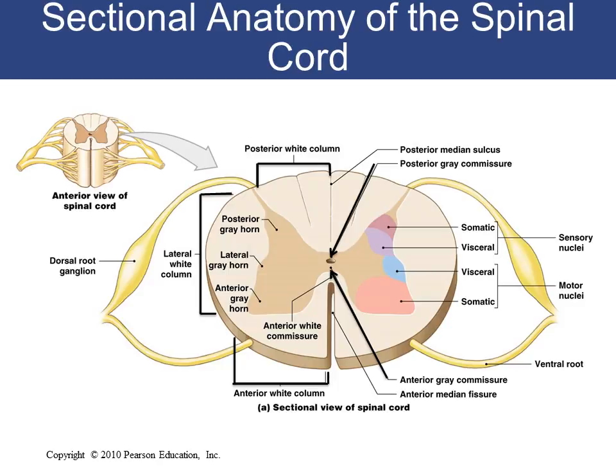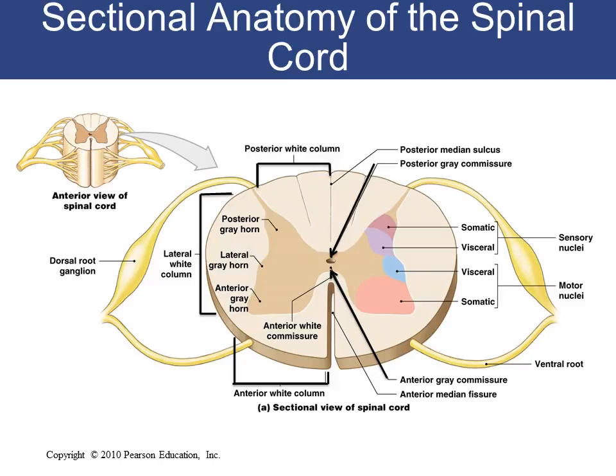So these are the spinal cord, and we need to take note of their location, their length, where they begin and where they end in the vertebral column, and to take note of the roots that they have, which are the dorsal root and the ventral root, as you can see in the diagram. And we have the dorsal root ganglion.